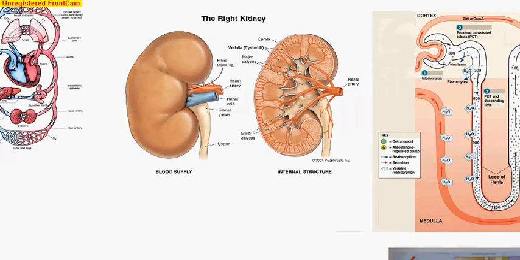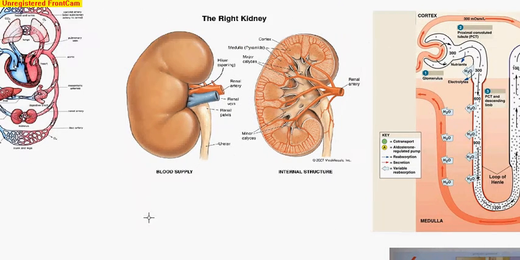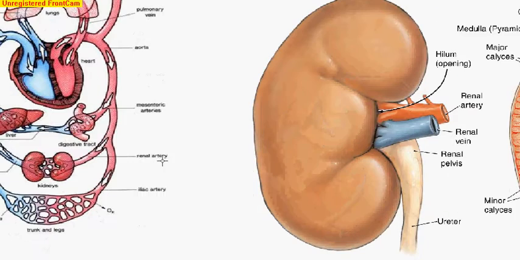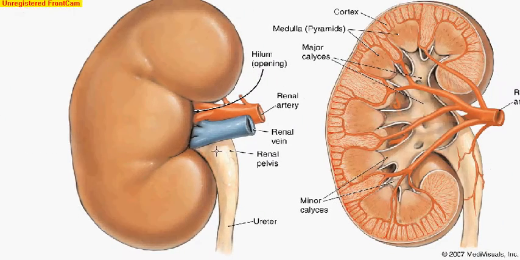Now let's move to the kidney. Maybe we should get familiar with the structure of the kidney first, because it's very important. First we should understand that the part that is bent like this over here is the hilum. If we are supposed to know the blood movement, the blood will move in through the renal artery and out through the renal vein.